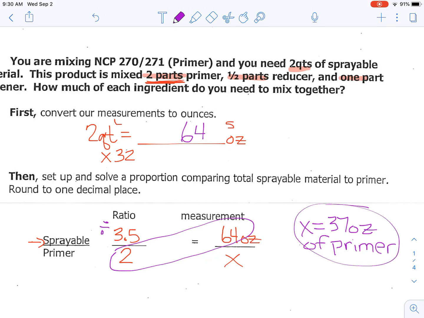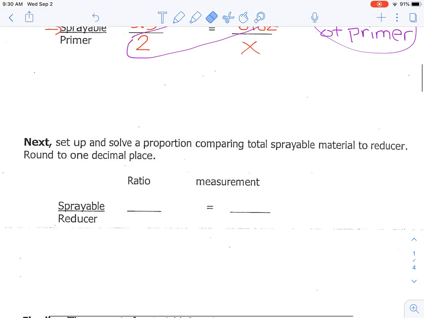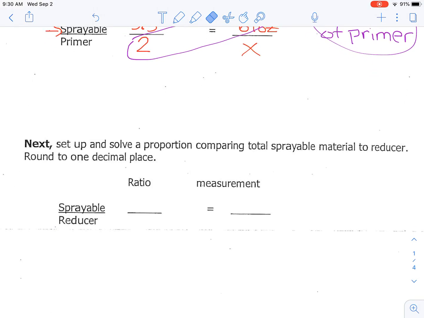Perfect. Now we're going to do it again, and we're going to set this proportion up using reducer. A lot of the things stay the same in the proportion. We still have a total of 3.5 parts.